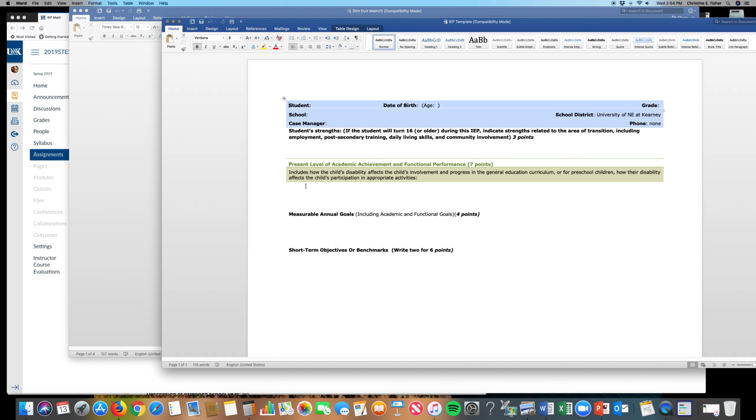So you're going to write about how the student's disability, which we're saying is a specific learning disability in math, affects the child's involvement and progress in the general education curriculum, and what services. So you're basically summarizing how the student is doing. And since we're focusing on math, that is what you can focus on.